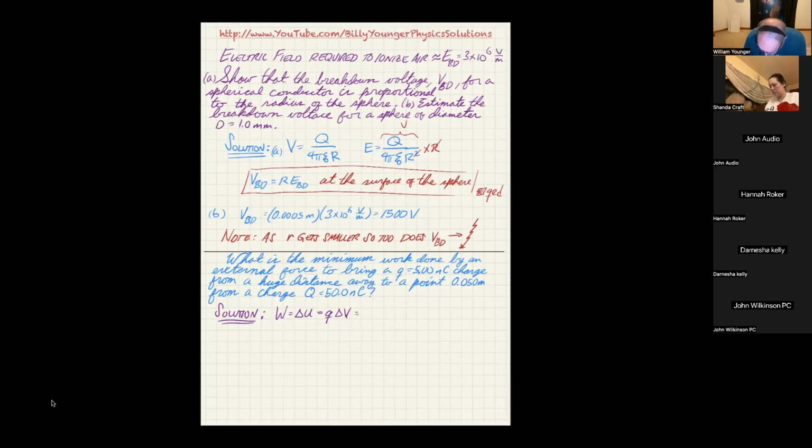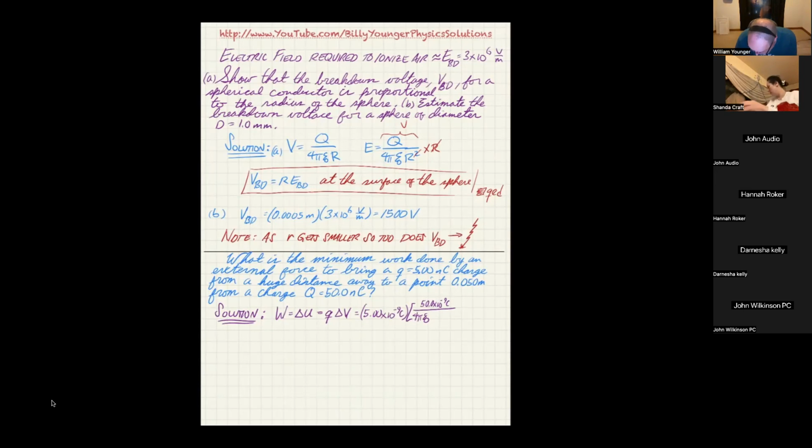nanocoulombs. So I'm going to write 5.00 times 10 to the negative ninth coulombs times, now my delta V is going to be 50.0 times 10 to the negative 9 coulombs divided by 4 pi epsilon naught. Remember, this is the final position, so this is the position that's 0.050 meters away.